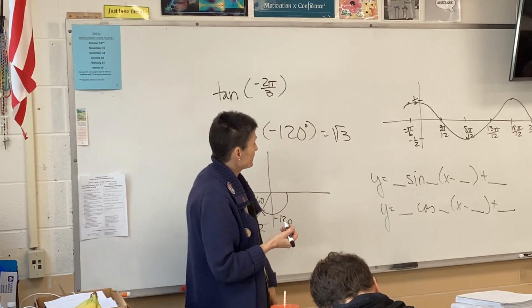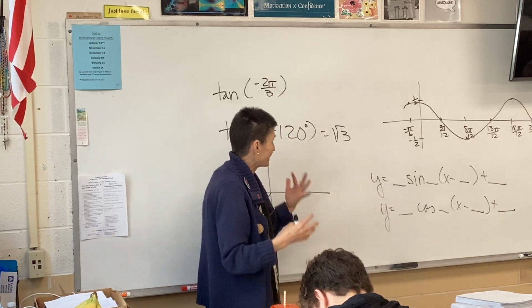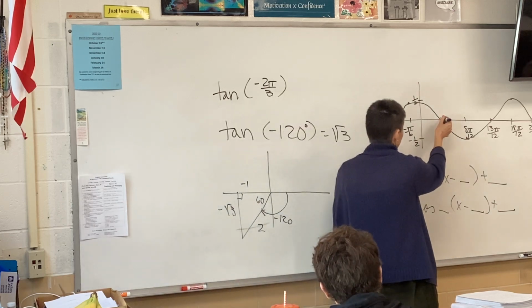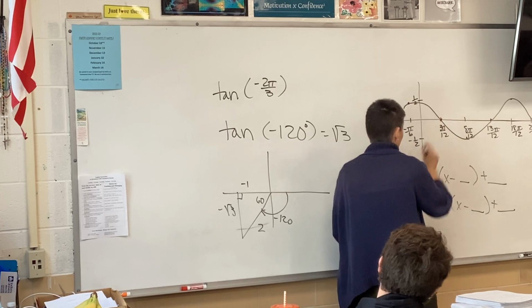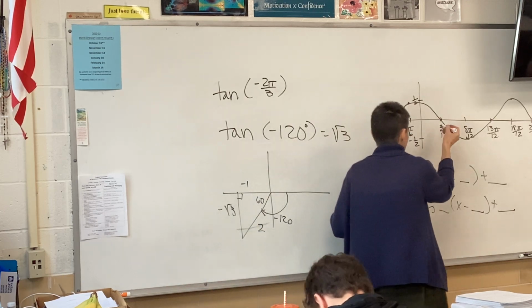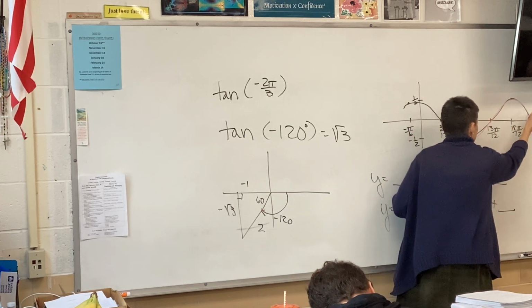So Peter, when you looked at this, did you think of it as a sine or a cosine? How did you start with it? Thought it was a sine. So did you start right here? Okay. So I'm going to do that in color so we can see. So when Peter looked at it, he thought of it like this.